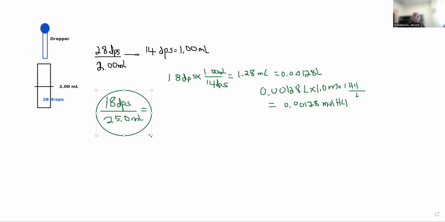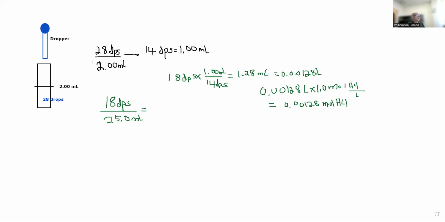And that's when it changes 1 pH unit, right? So it takes 18 drops of 1 molar hydrochloric acid to change 25 mils of my buffer solution by 1 pH unit. What is the buffer capacity?